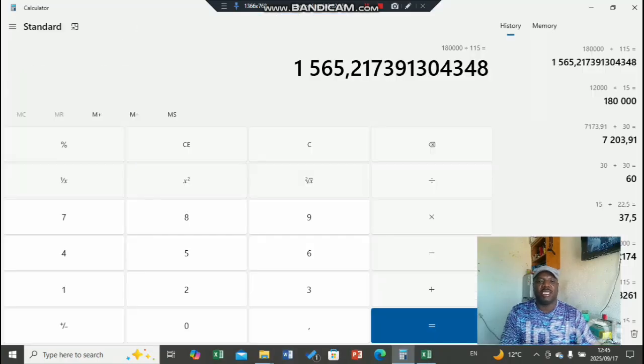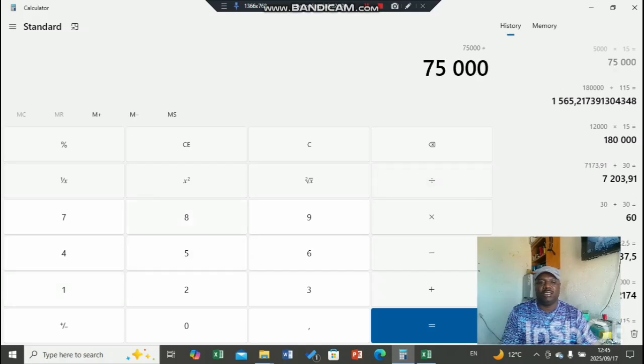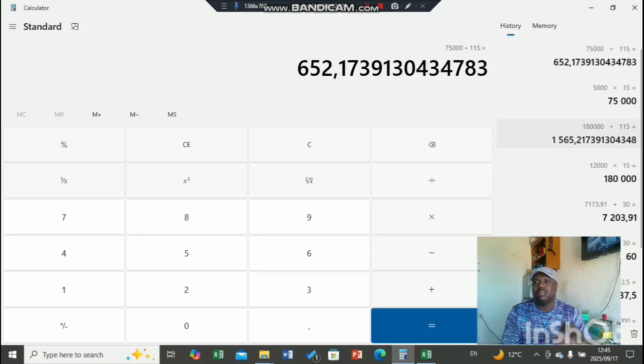But for us, this is an opportunity to do some important practice again. We will take 5,000, multiply by 15, divide by 115, equals 652.17.